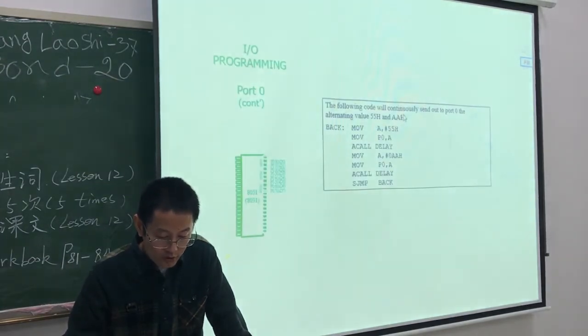The following code will continuously send out to port 0 the alternating values of 55H and AAH.